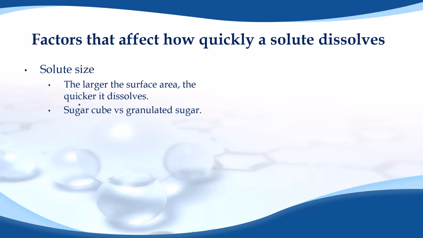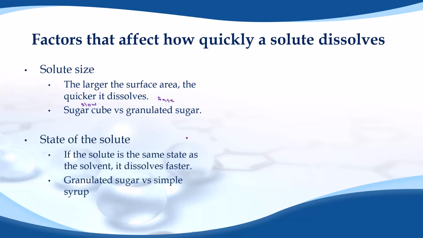And the example I give here is we're just going to use tea, kind of going forward for all four of our examples. If we put a sugar cube in a cup of tea versus like a spoonful of granulated sugar in a cup of tea, the granulated sugar will dissolve a lot faster because it has a lot higher surface area. The particles are a lot smaller than normal.